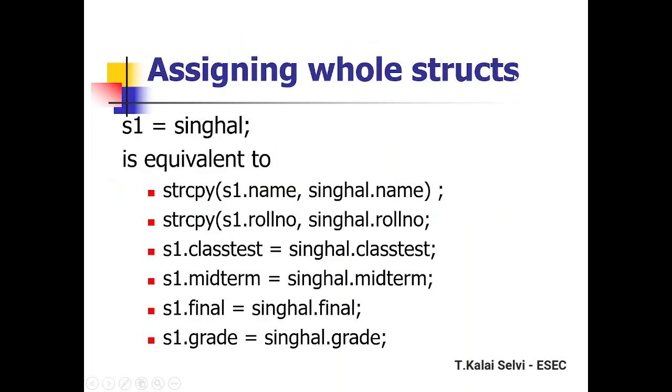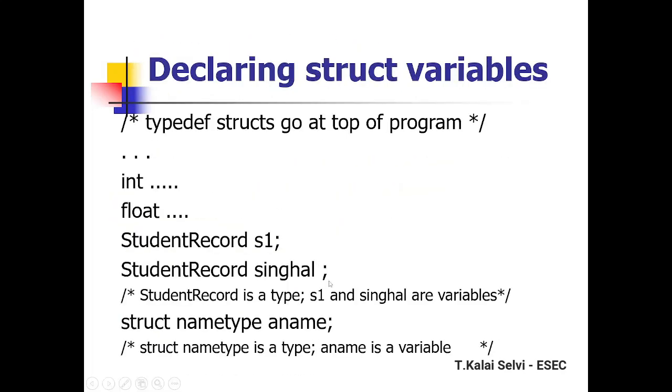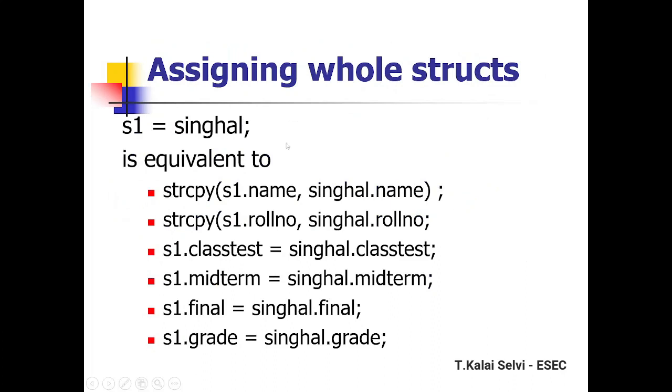Assigning whole structures. Here we already have two structure variables, S1 and single. Here we have assigned the value of the structure variable single to the structure variable S1. So this statement is possible and it is equivalent to this one: strcpy of S1.name, single.name.